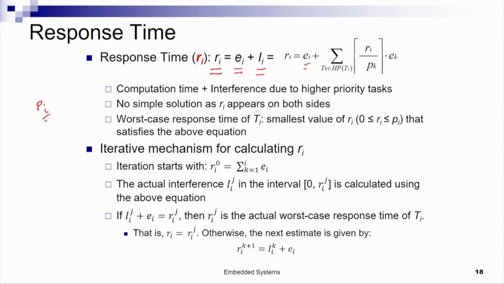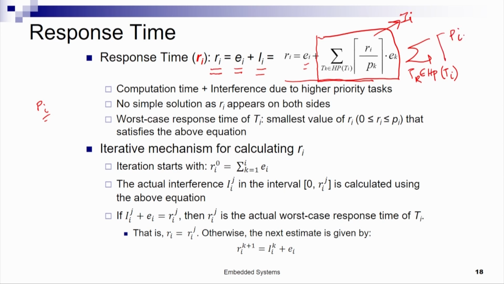Okay. So, in this expression, we said this is the response time Ri. If we replace this one, Tk belongs to hp of Ti, by Pi and then Pk into Ek, what does this tell us?